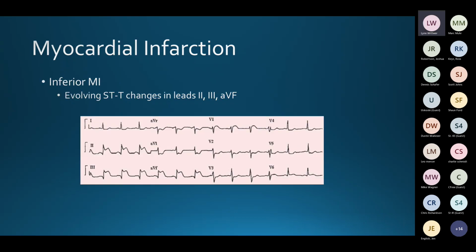So here we have an inferior MI. Remember, evolving changes in 2, 3, and AVF. This one has a nasty little Q wave in it too. So this may have been there for longer, it may have taken longer to get them to the cath lab than we wanted.